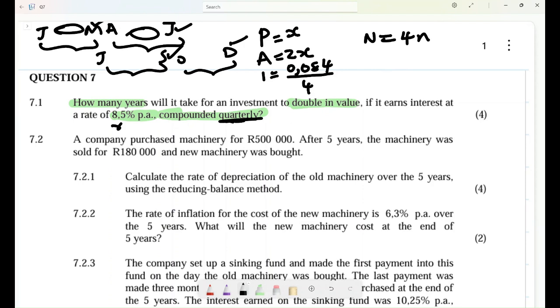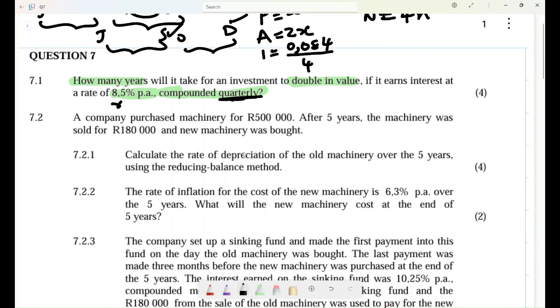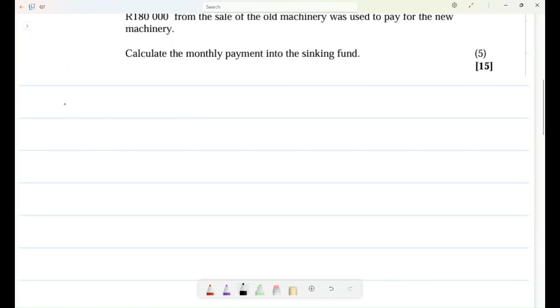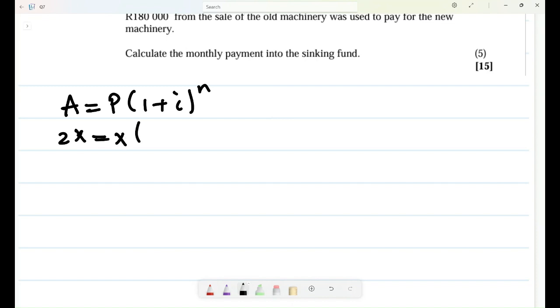Now let's calculate. How many years will it take? Let's use our formula. Our formula says A is equal to P into 1 plus I to the power of N. What is A? The accumulated amount. We want this amount to double from whatever the principal amount was. You can use any letter, you can use 2P from P. Then it's going to be 1 plus our interest, 0.085, but I said you have to divide by the number of times you compound and pay, which is 4 in this case.